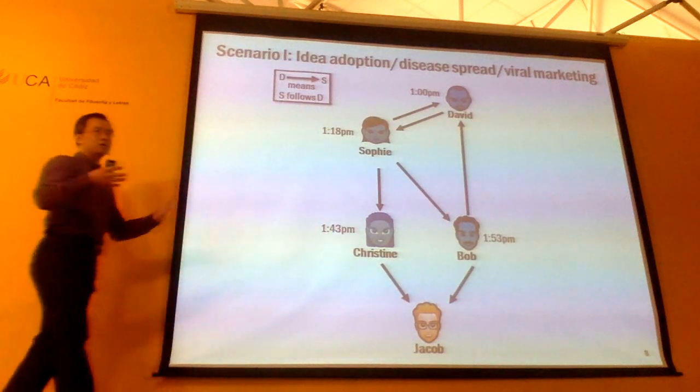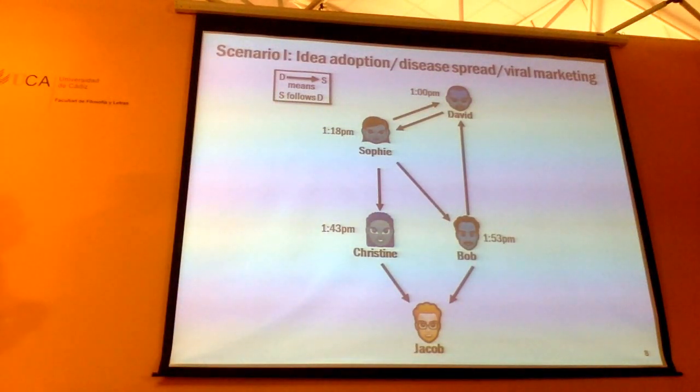So this is a very simple scenario, where a single piece of information is propagated across the social network. We're going to use a unified framework to model this type of scenario.